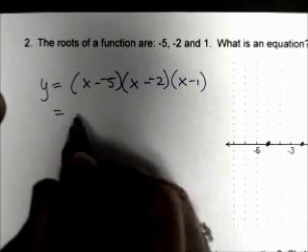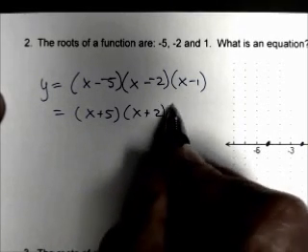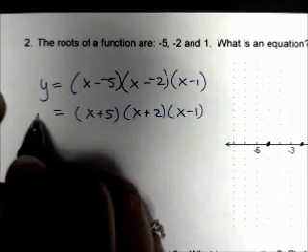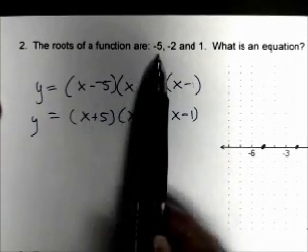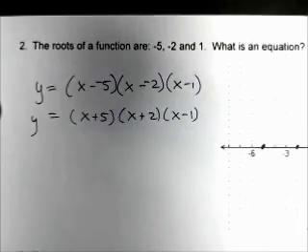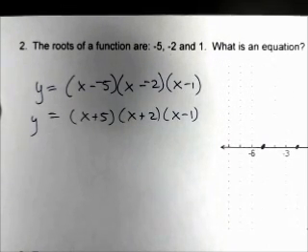Just clean that up inside the parentheses. That'd be x plus 5 times x plus 2 times x minus 1. That's all you do, right? It's just x minus one root times x minus the other root. And in this case, we have a third root, so x minus the third root.